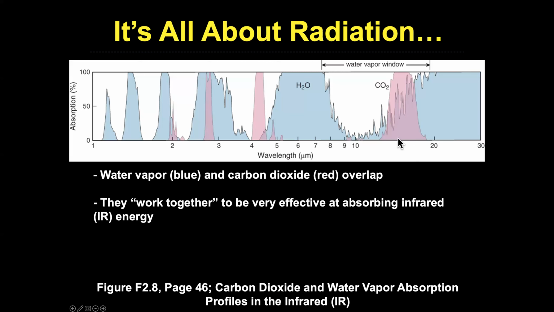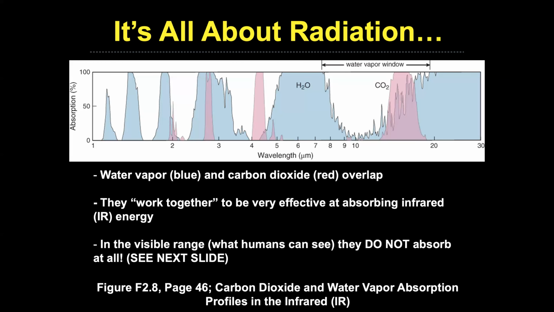This happens to be in the infrared window. So therefore, it is the energy that would be escaping from the Earth in the form of longwave radiation. As a result, you get exceptionally good absorption of infrared energy. So you get a heating effect. In the visible range, what humans can see with your eyes, they don't absorb at all.